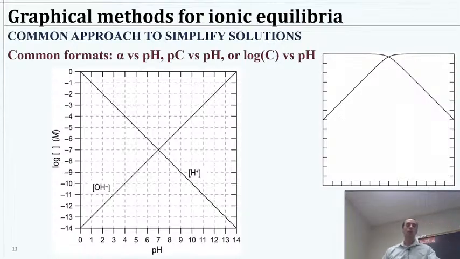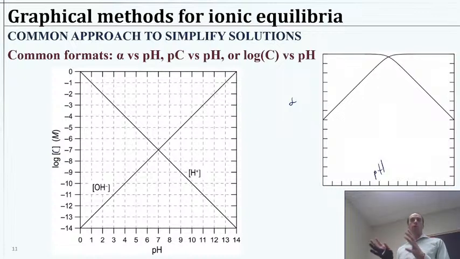One would be a log-log plot, where we have, let's say, log of some concentration, maybe log C, versus log pH. Sometimes we might just take a fraction. We've done alpha before, so alpha versus pH. Of course, we can also do just a concentration versus pH. We've seen those also.